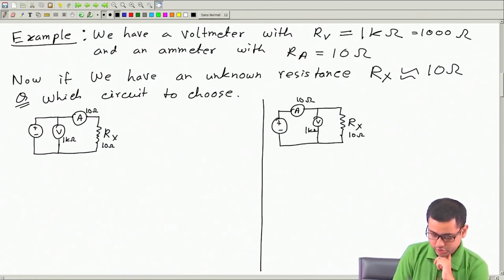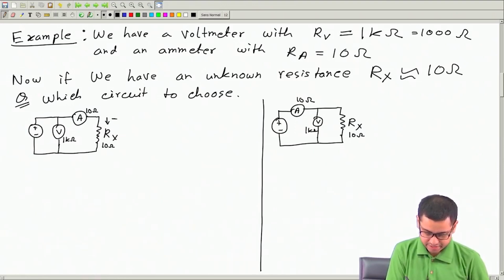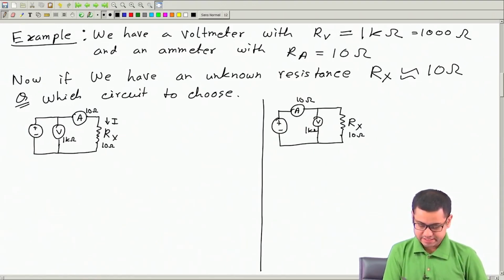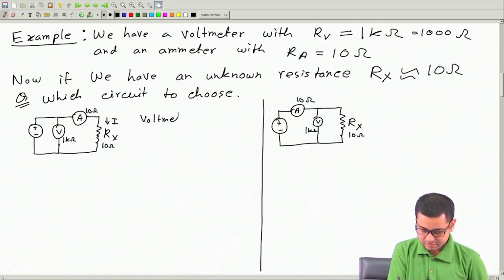Now let's find out what will be the measured value of Rx in this circuit. If we call this current I, which is flowing through this resistance, then the voltmeter reading will be equal to the total voltage drop from here to here.